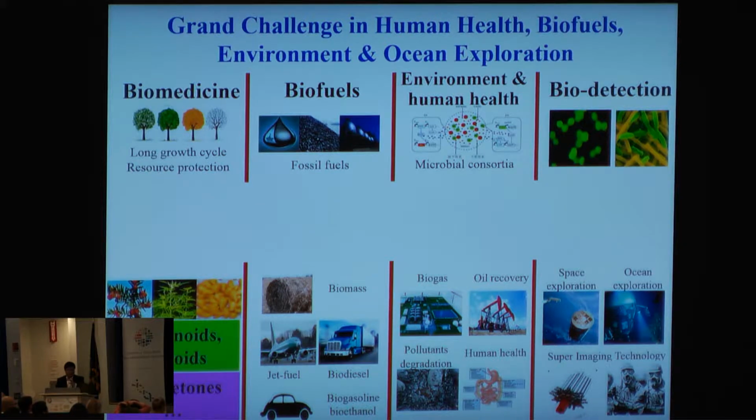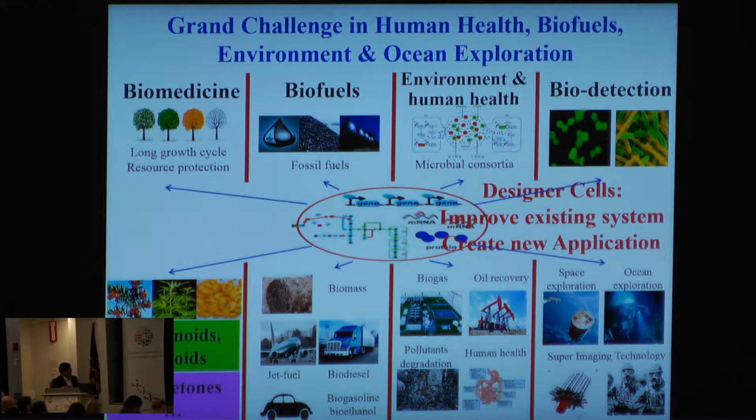For us, we want a designer cell. By having a designer cell, we can improve the efficiency of existing systems, and even create completely new applications. That's why we are interested in the SC 2.0 project.